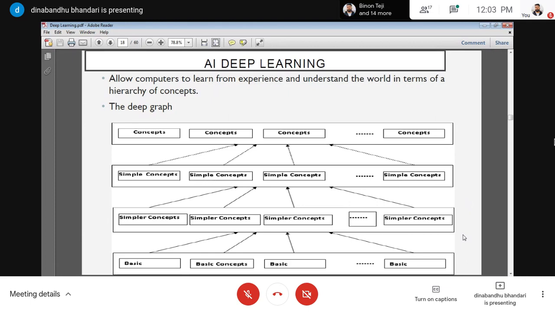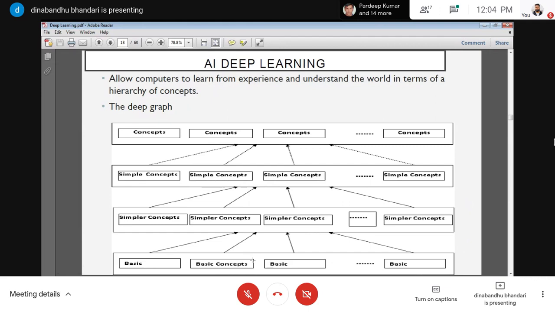Like that, in a deep neural network for face recognition, what is the input to a machine? It is nothing but the gray level image. And a machine obviously cannot view all the pixels simultaneously in one shot, unlike a human being. The machine has to take one pixel at a time. So these are the basic concepts.